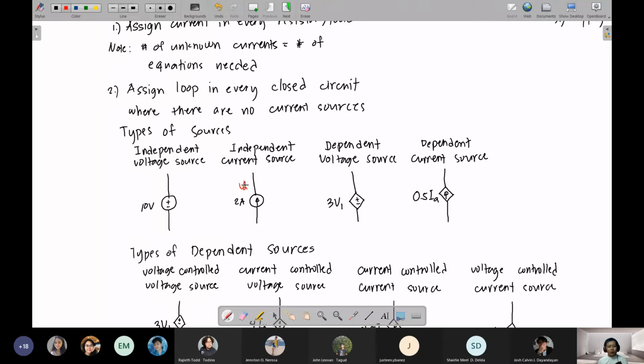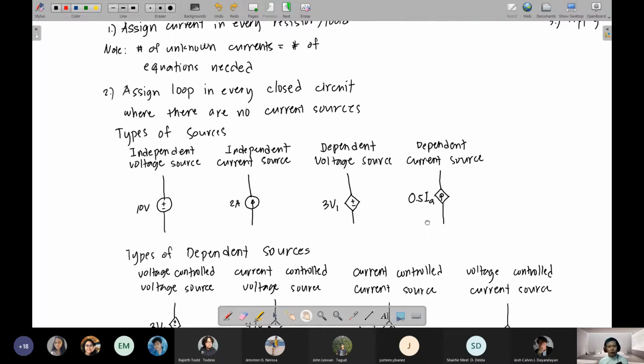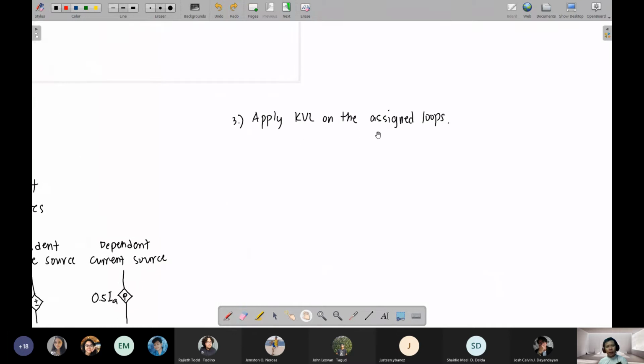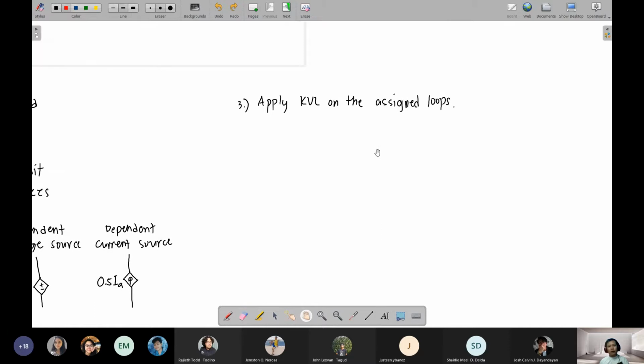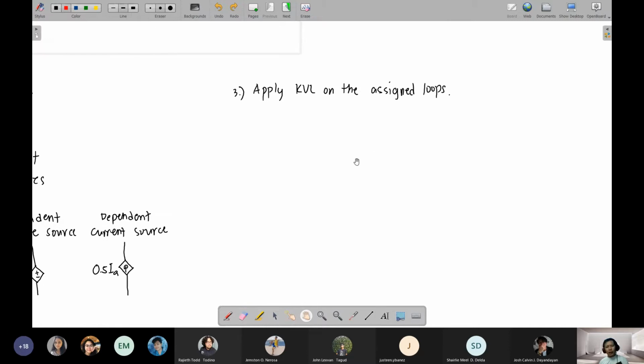So as much as possible, do not assign a loop in a closed circuit where there is a current source, so that when you apply step number 3, applying KVL on that assigned loop, you won't have that problem. But take note how to apply KVL.